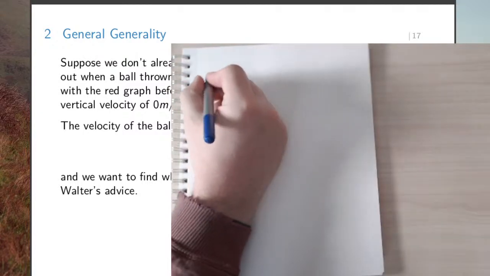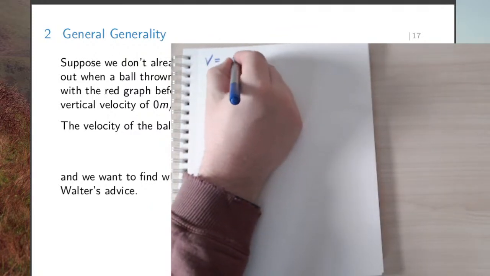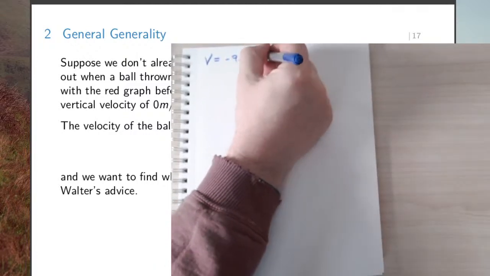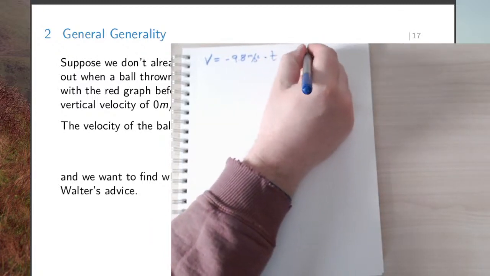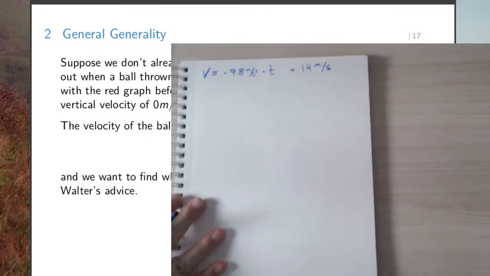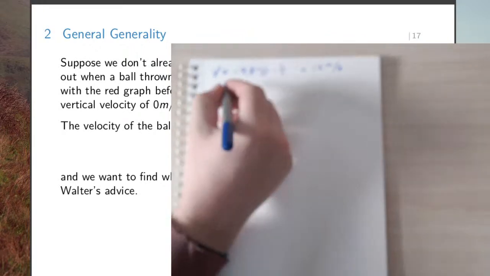So we know that v equals negative 9.8 meters per second squared times t plus 14 meters per second. Right? And we want to find when it's 0.